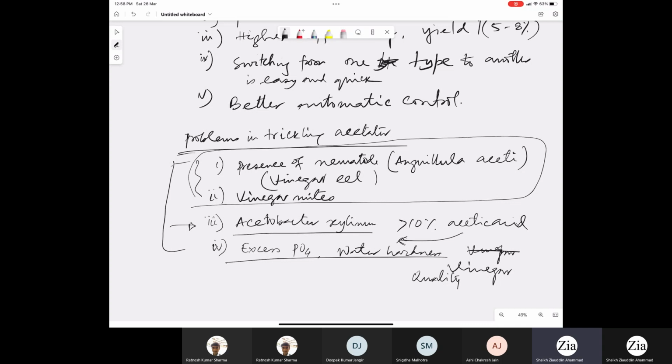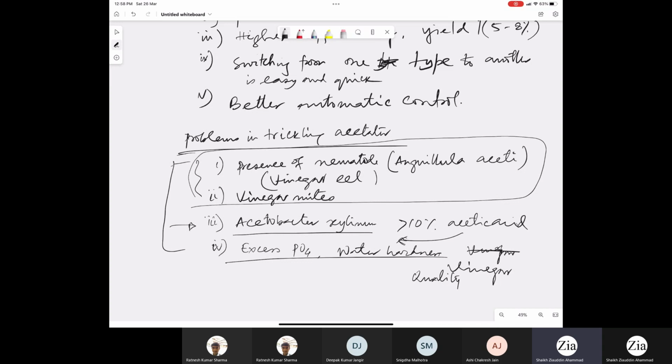So instead of using spoiled wine, you can just use distilled ethanol, and then from there you can get vinegar produced, and then it will be much clearer. So you will get almost transparent white distilled vinegar.